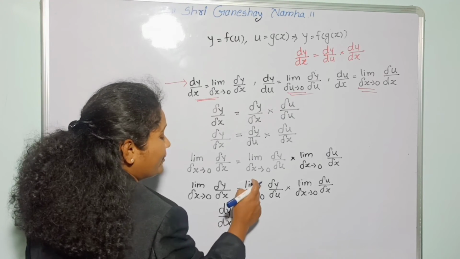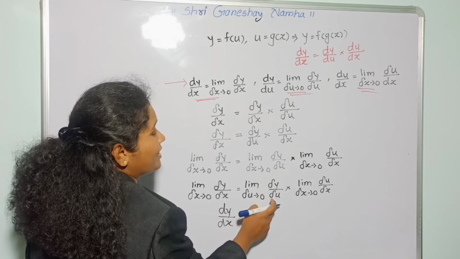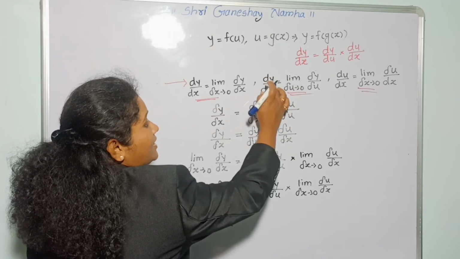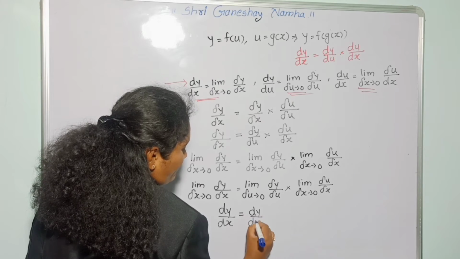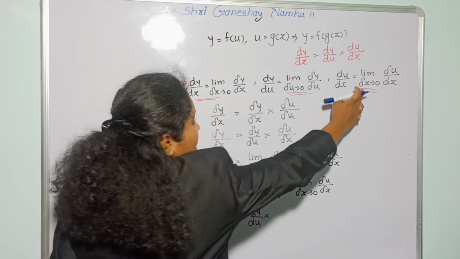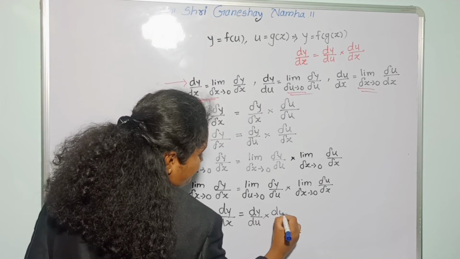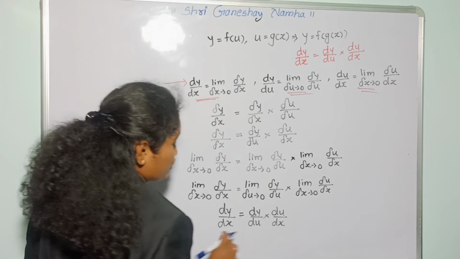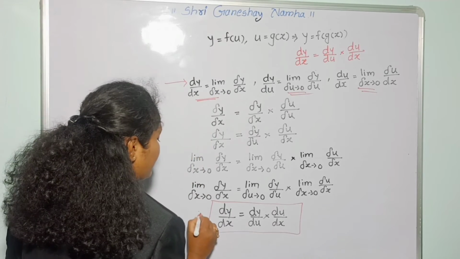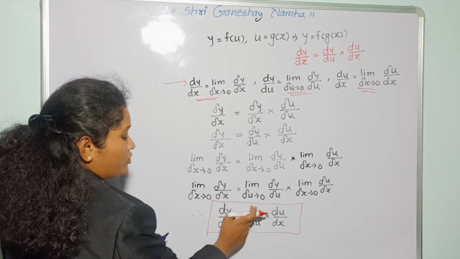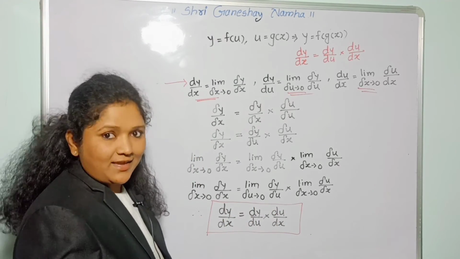Again, limit delta u tends to 0 of delta y by delta u, the value of this is dy upon du, and the value of this limit is du upon dx. So in the final step we get dy by dx equals dy upon du into du upon dx.